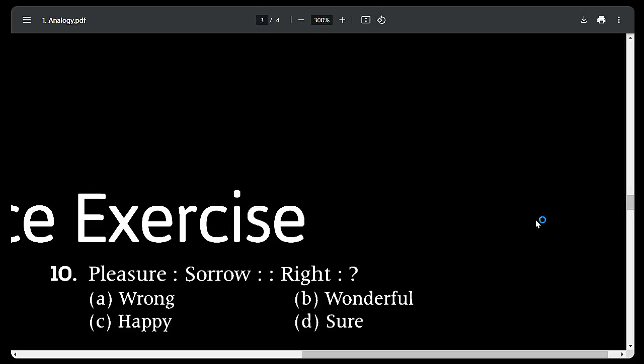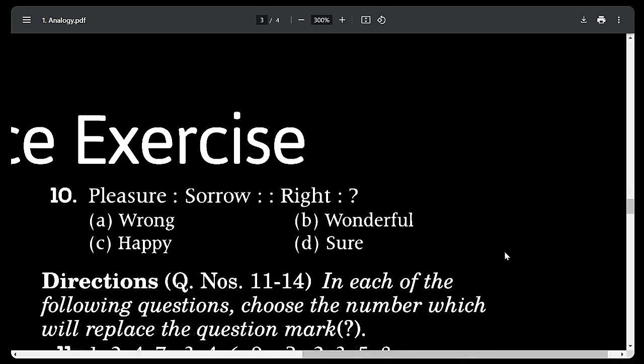They are antonyms, opposite words. So the opposite word of right is wrong. What is the explanation that we can write? Pleasure is the antonym of sorrow. Similarly, right is the antonym of wrong. Okay? Yes, correct answer. You can mute yourself.